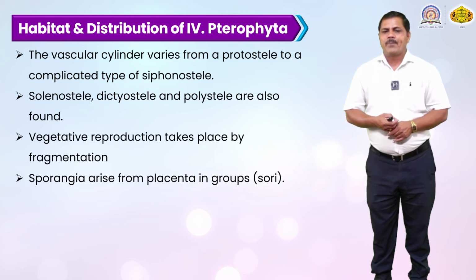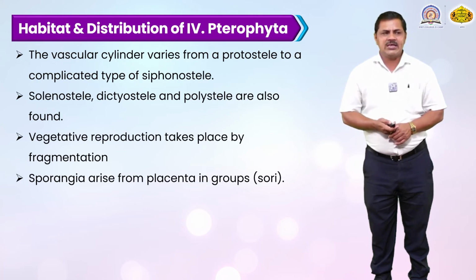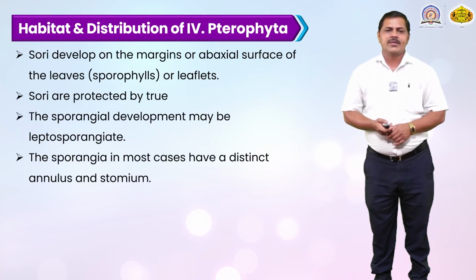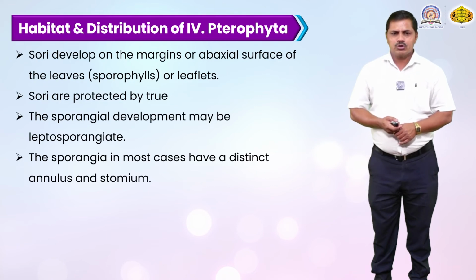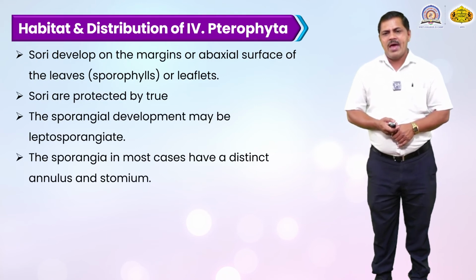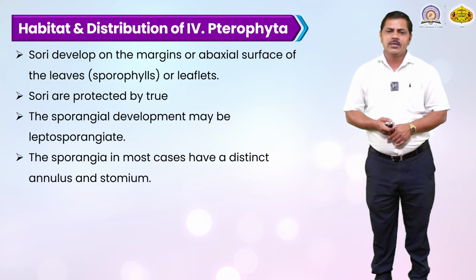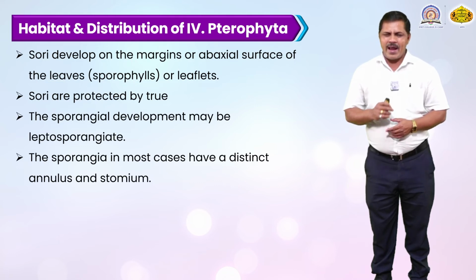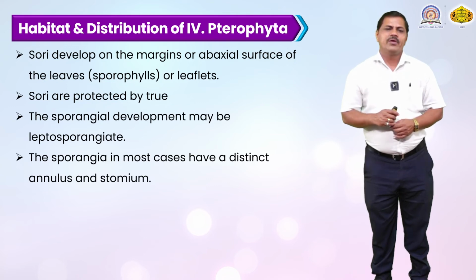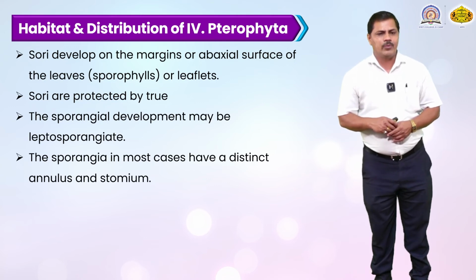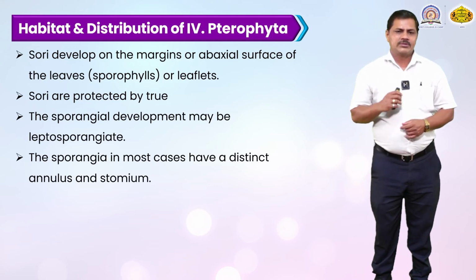Sporangia arise from the placenta in a group. Spores develop inside the sporangia, in sori. Sori develop on the margin of the abaxial surface of the leaves or leaflets. These leaflets are arranged in the marginal portion, very nicely and beautifully on the abaxial surface.